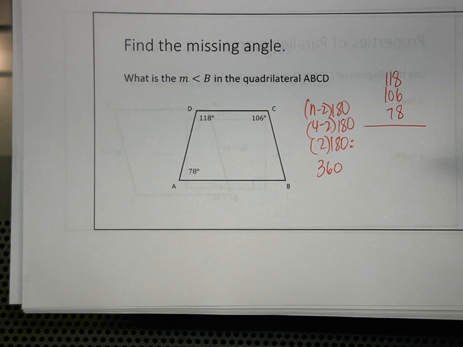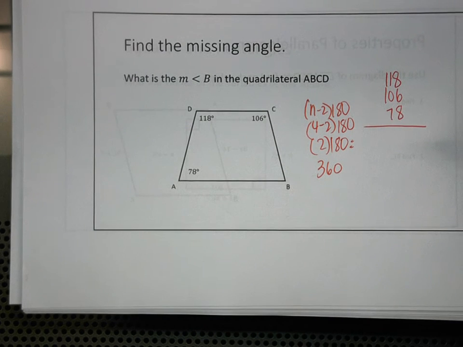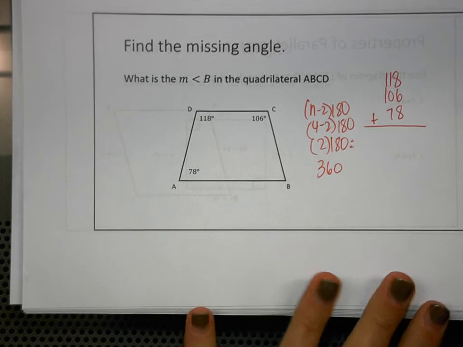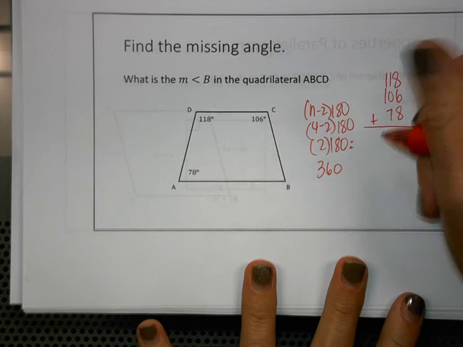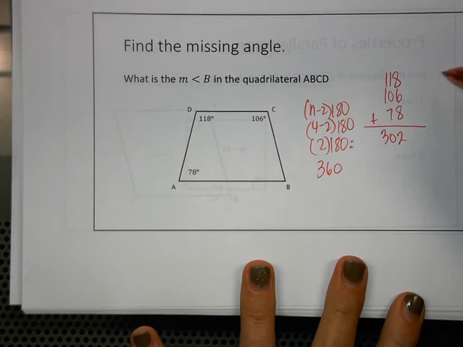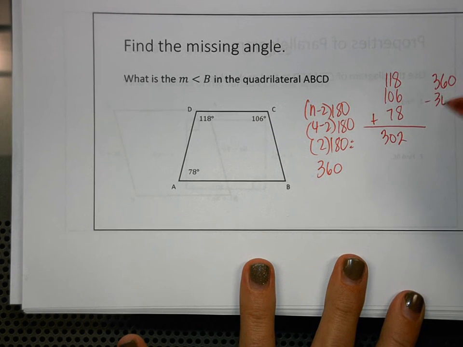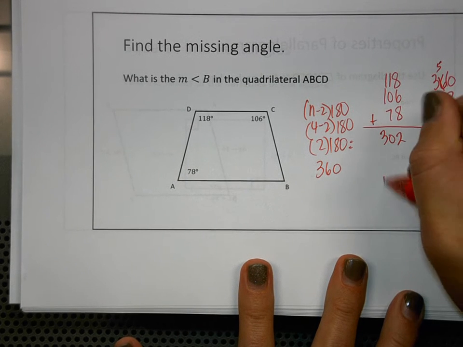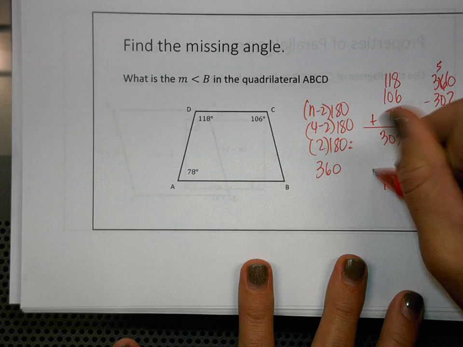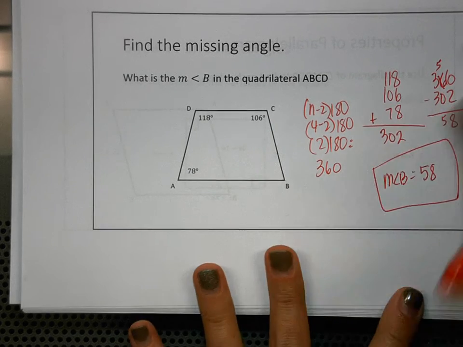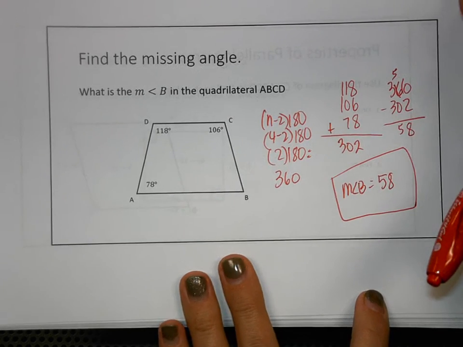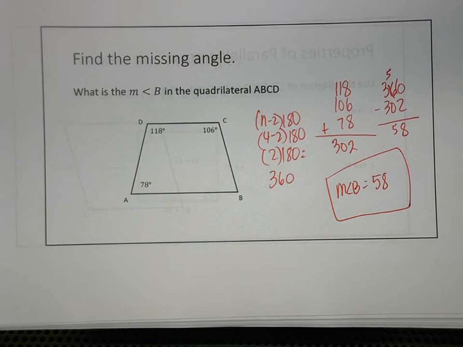So don't forget, it's not on this one, but that little box means 90. So don't forget to add that up. When you added all those up together, what did you get? 302. And so then we take 360 minus 302, and we have to borrow, and we end up getting 58 as the measure of angle B. All right, questions on this problem? No? Okay, let's go ahead and move on.